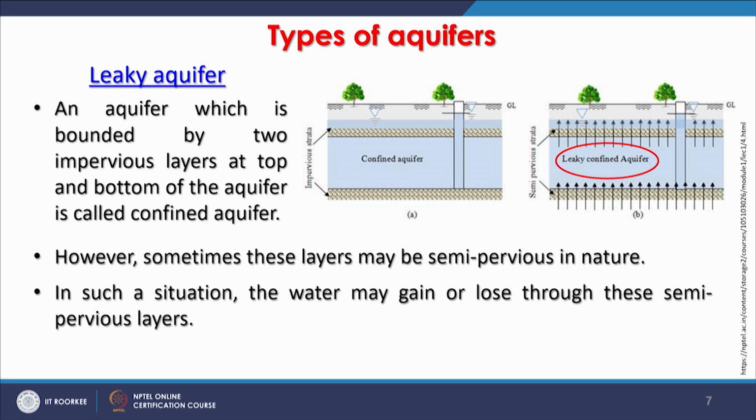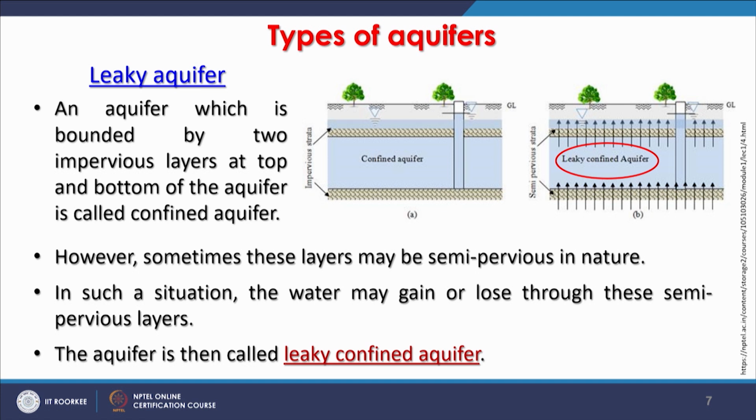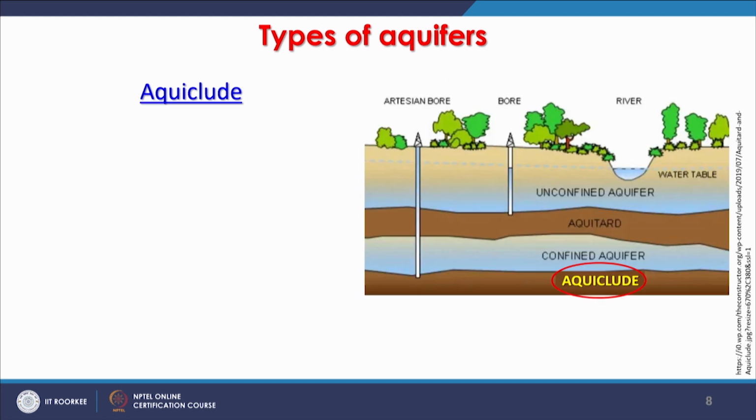Nonetheless, different natural settings are there, so different solutions for withdrawal of water and groundwater recharge have to be applied. In such situations, water may gain or lose through these semi-pervious layers, and this is all about the leaky aquifer.